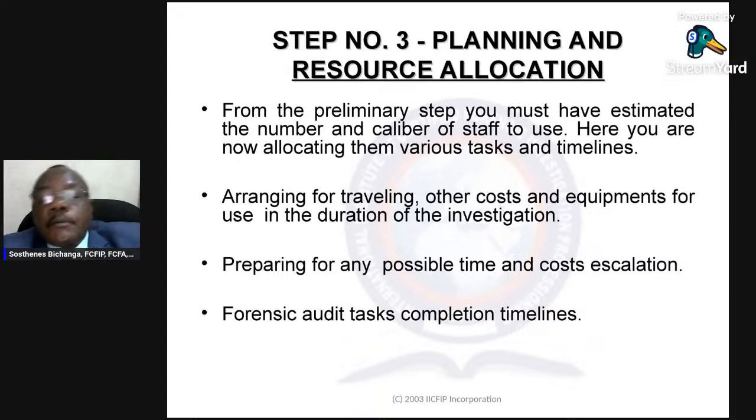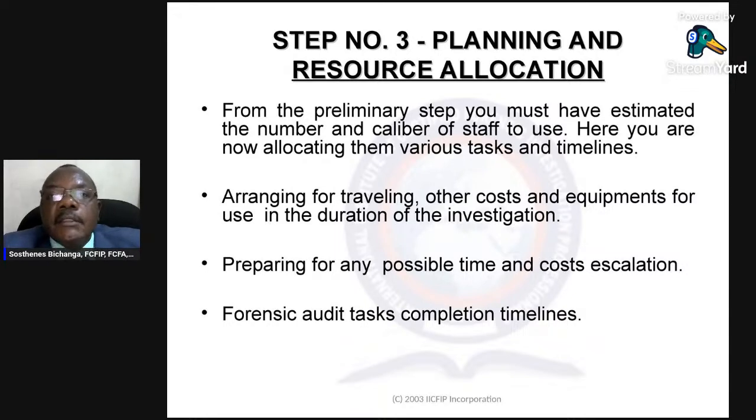The objectives of the investigation must be looked into at this stage, and then the investigation team comes up with a clear approach of attack on the investigation. Where to start, which branch to start from.